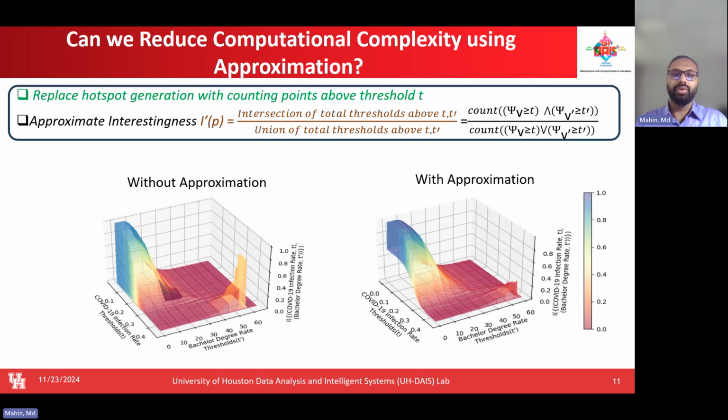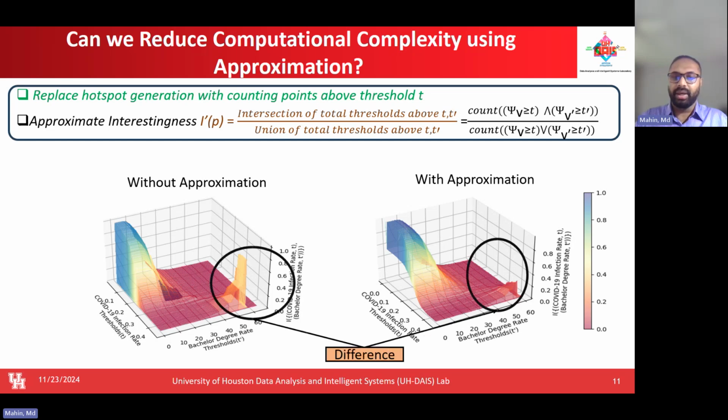What is the problem? This is one example without approximation, and another is with approximation, left and right. We may lose some information, like local maxima with approximation, which you can find only with the hotspot generation.